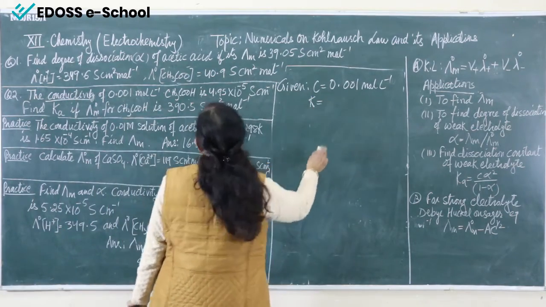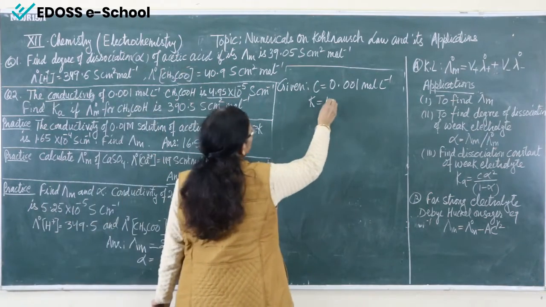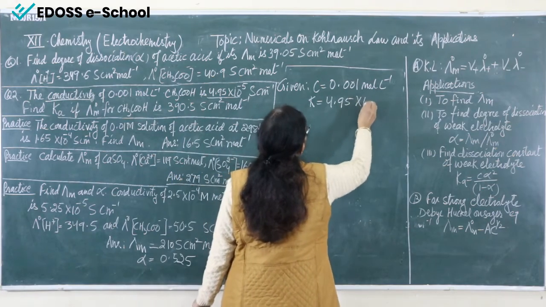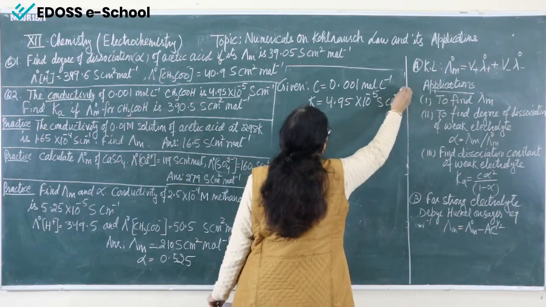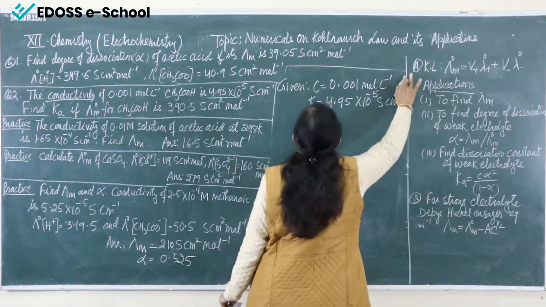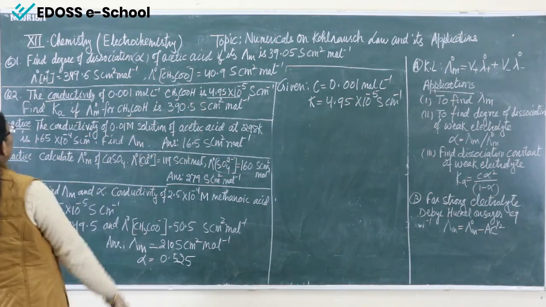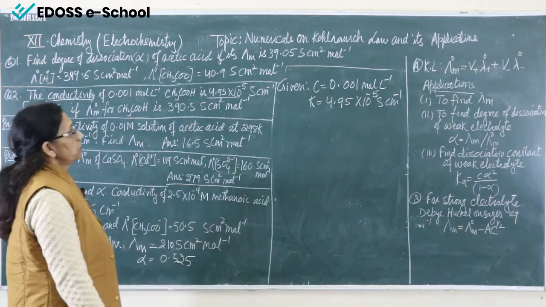So K is given to us. We will write here K, this is 4.95 into 10 raised to power minus 5 Siemens per centimeter. Anything else given to us? So Ka we have to find, and limiting molar conductivity is also given to us.